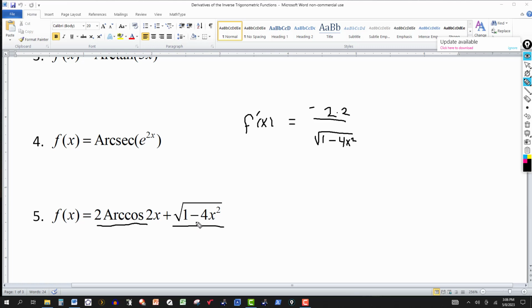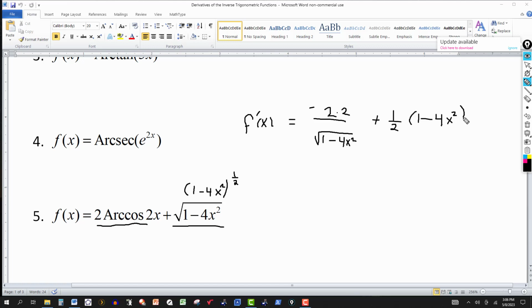And then for the next one, let's think of this as 1 minus 4x squared to the 1/2. So we take the derivative of this using the general power rule, bring the 1/2 over. So it'll be 1/2.